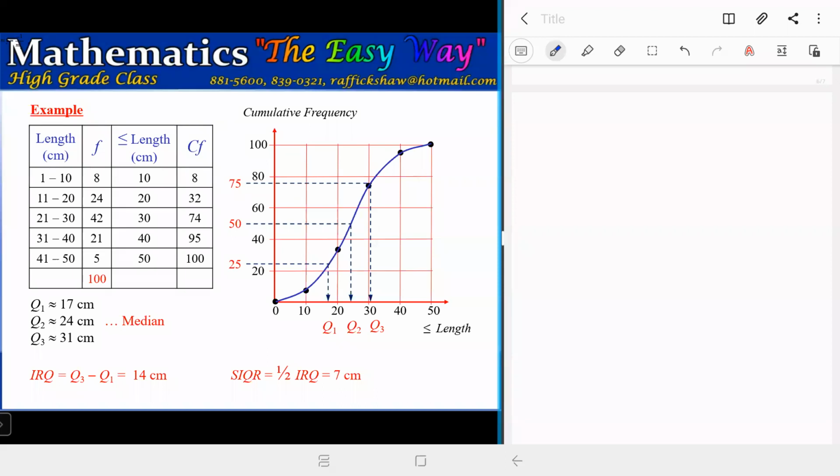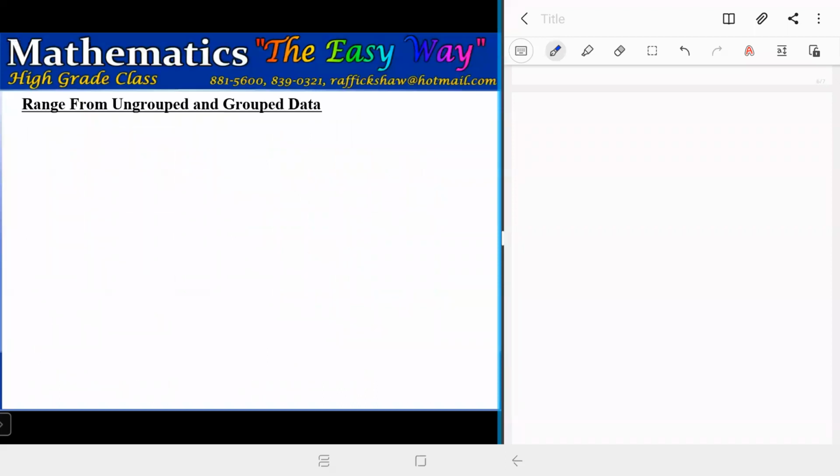You can find additional information. I'm going to practice some of those questions, finding additional information from cumulative frequency curves. So it's not just about finding median and quartiles. It can be used for other things. We're going to deal with that soon.